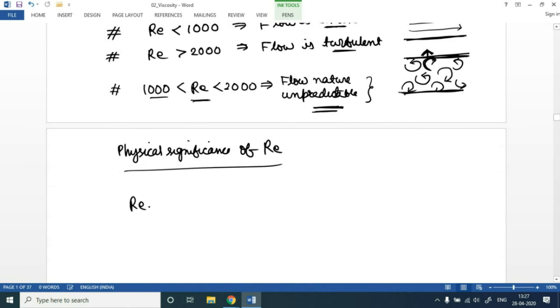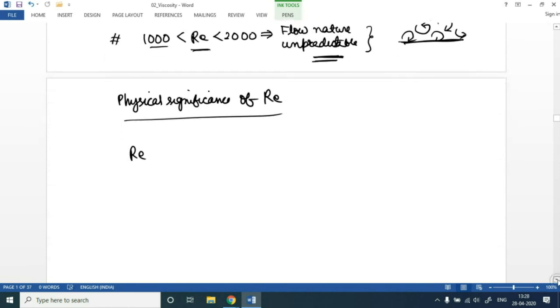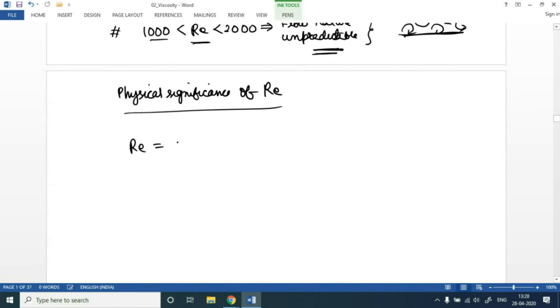As we have already stated, the Reynolds number is given by the expression rho V d by eta, and I would like to rearrange it like this: rho V squared into A in the numerator, and in the denominator eta A V by d.